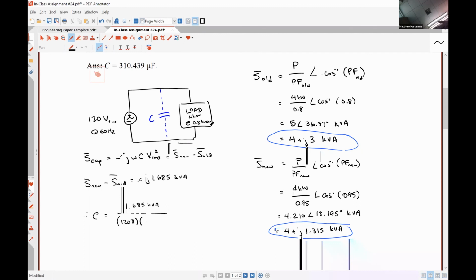And what is the magnitude of the RMS voltage drop over the capacitor? 120. 120 volts RMS squared.